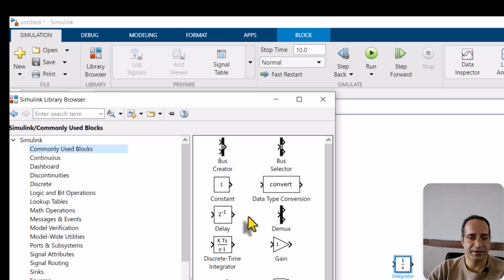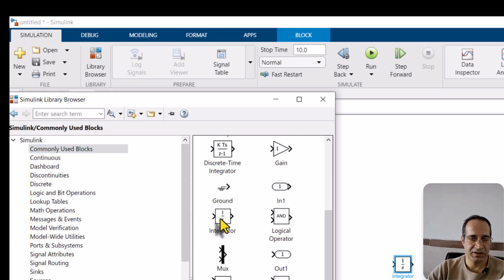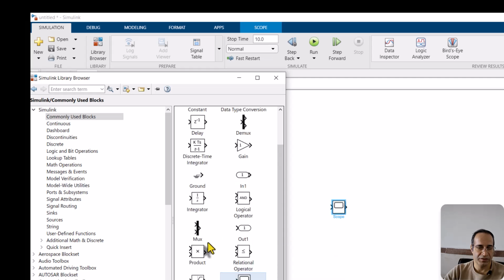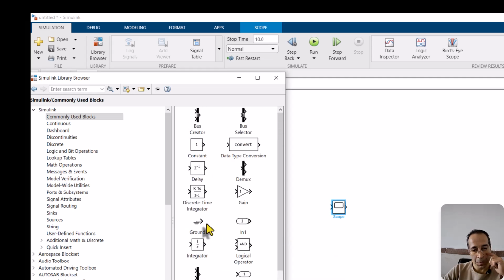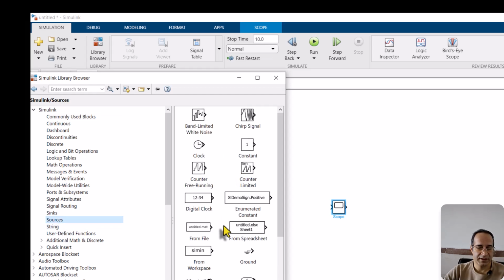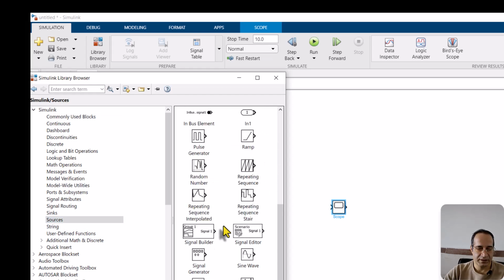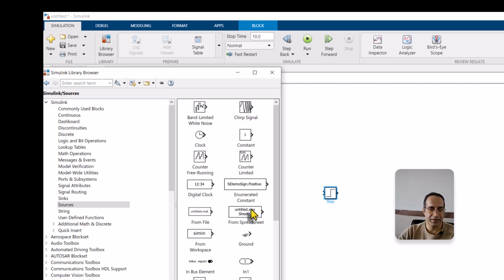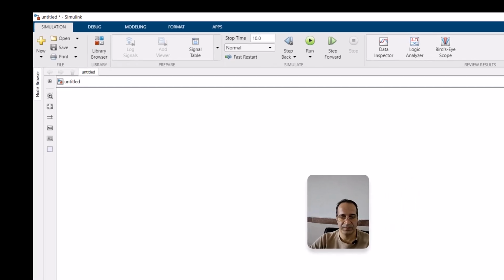The blocks I need are sum, add to block. I need a scope, add to block, and then I need some input sources for this circuit, step, add to model, and then I think that's all I need.